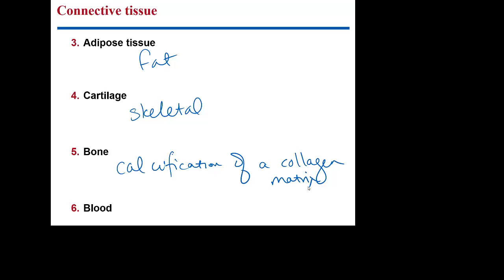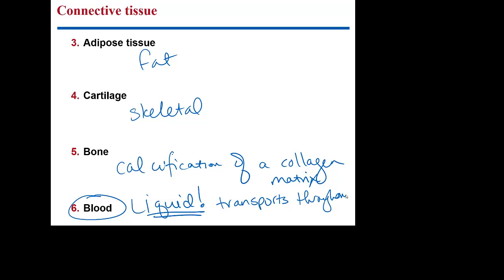So you see kind of a repeating theme here with the collagen a lot, right? Blood is a liquid, right? So how is it possible that this is a connective tissue? It's connective because it transports throughout the entire body. So it's connecting pretty much everything.